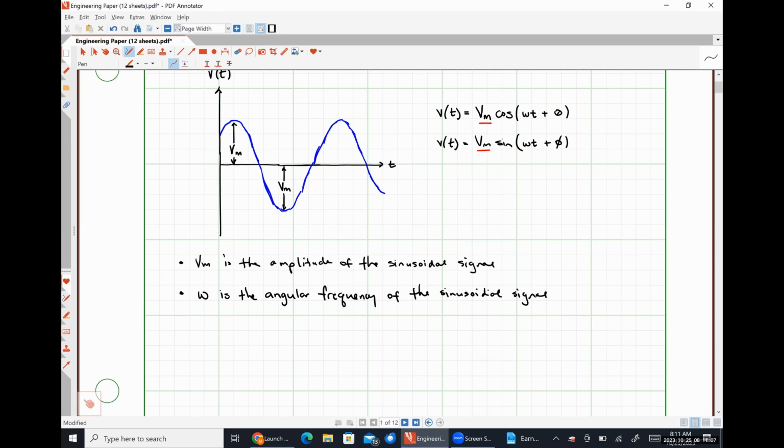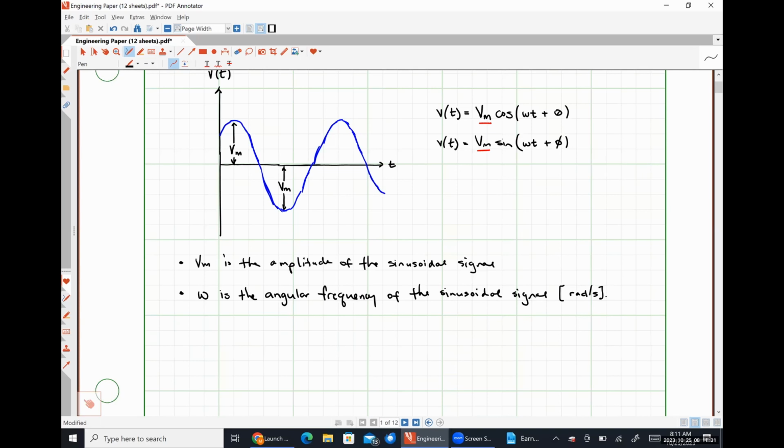It is always expressed in units of radians per second. And it represents how quickly our signal oscillates in time, okay?